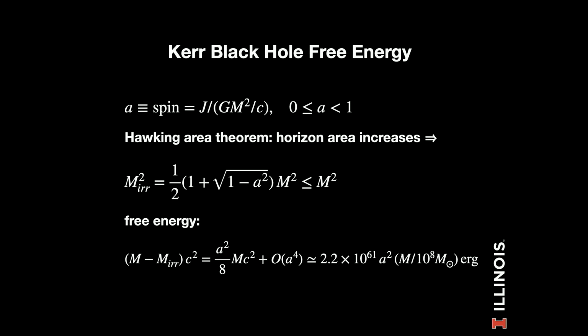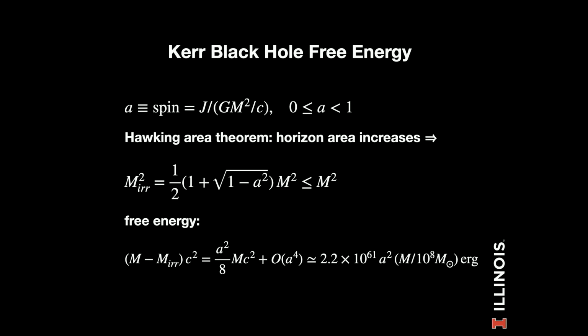There's a theorem in classical general relativity due to Hawking, which says that the area of an event horizon has to increase, and that leads to the notion of an irreducible mass of a black hole. So it's the mass of a black hole which has the same horizon area as a spinning black hole. And I've provided an expression for this here.